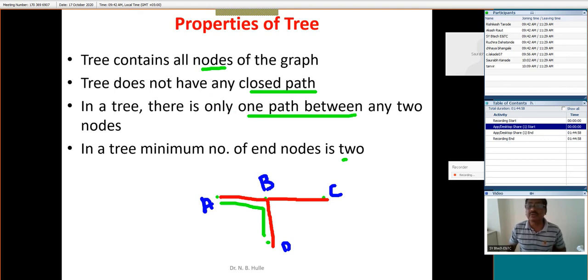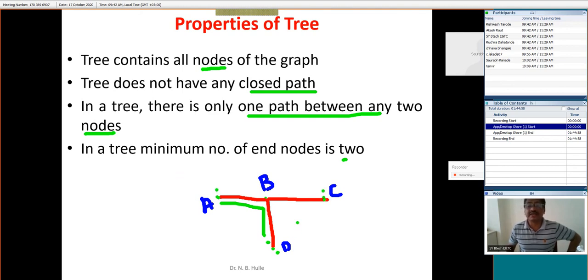If there is only one path between any two nodes, then the minimum number of end nodes is 2. What is an end node? After this node there are no further branches; that is known as an end node. This is an end node, this is also an end node, this is an end node. The minimum will be 2, but it may be greater than 2. Is it right? Now here in this case we have this is 1, this is 2, this is 3.